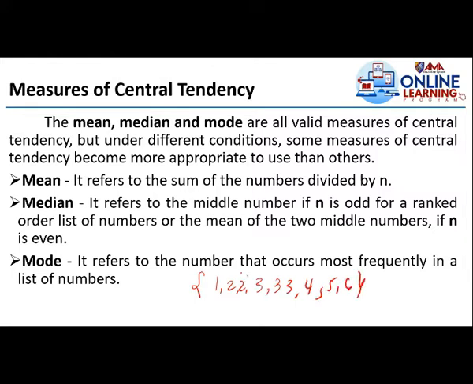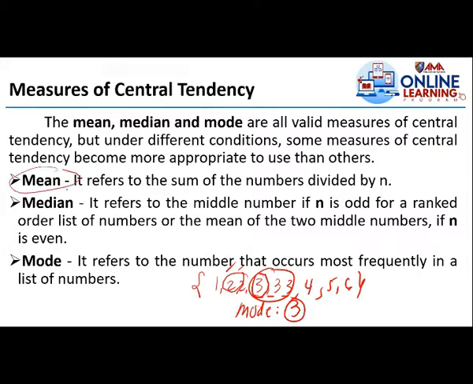As you can see, 2 and 3 are repeated, but whichever is repeated more times is the mode of the set. So the mode here is 3, the value 3. That is what it means: how many times that number appears in a series of numbers or data set. That is mode.